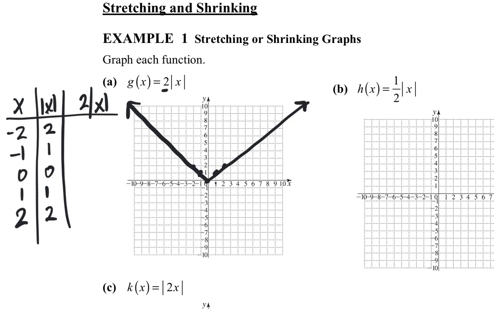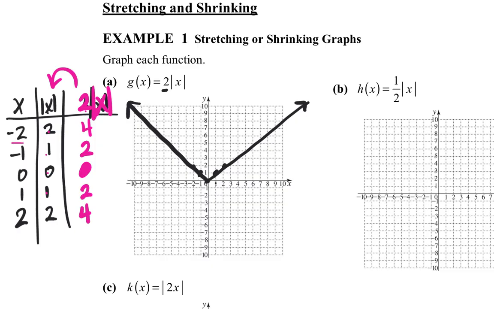Now it says to multiply by 2. So you're going to multiply this number by 2. 2 times 2 is 4. 1 times 2 is 2. 0 times 2 is 0. 1 times 2 is 2. And 2 times 2 is 4. Now, let me make that skinny so we can use it.